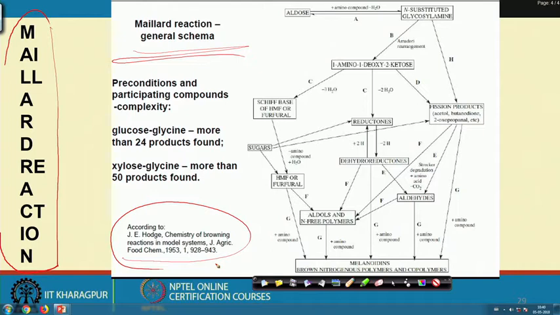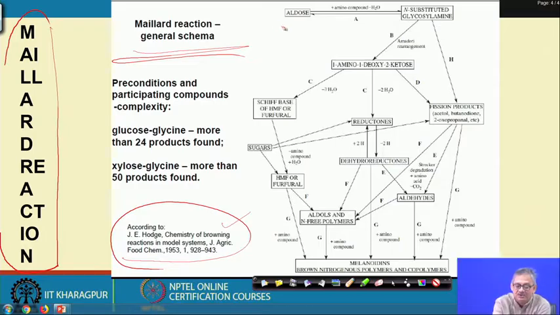This is the one source taken, the aldose, which means aldehyde in the sugar form, and an amino group. When they react, eliminating water, they produce N-substituted glycosylamine. This is the beginning of the reaction.